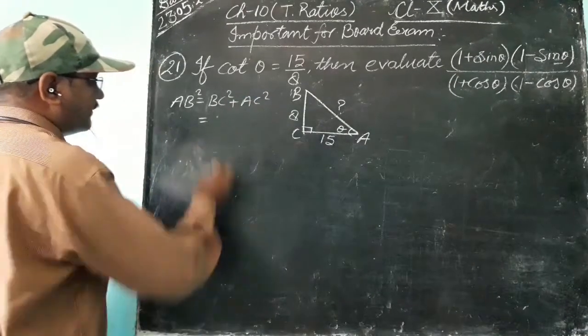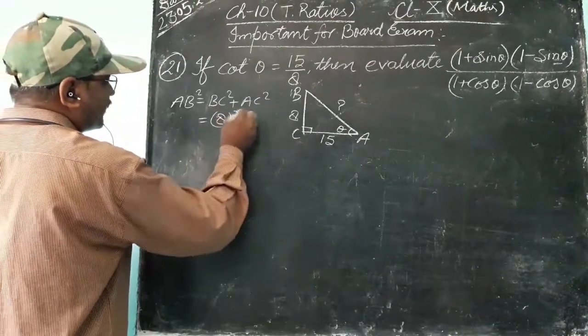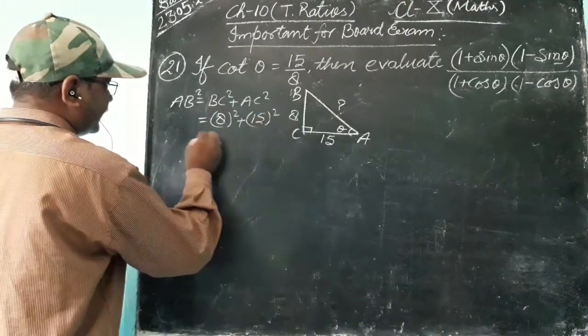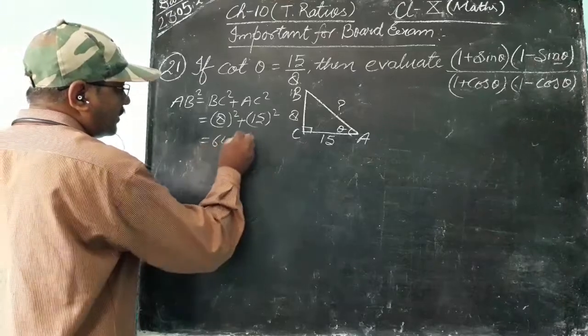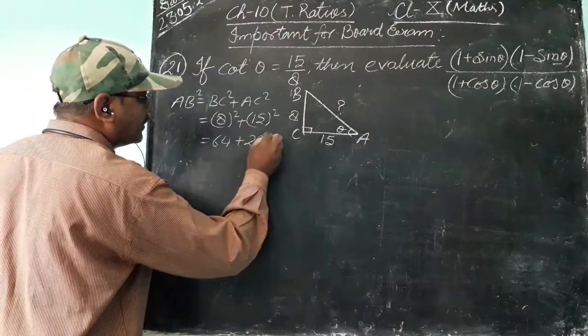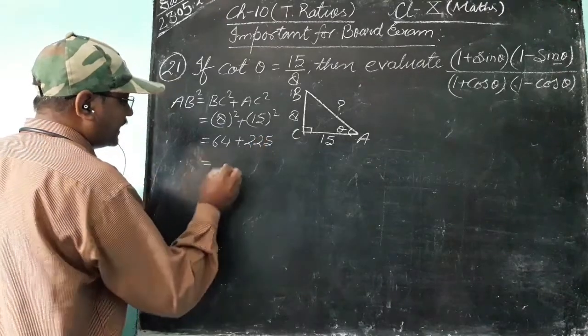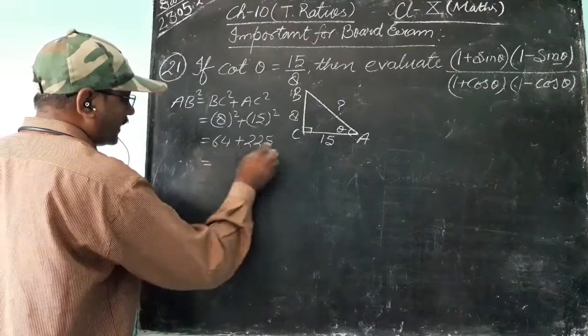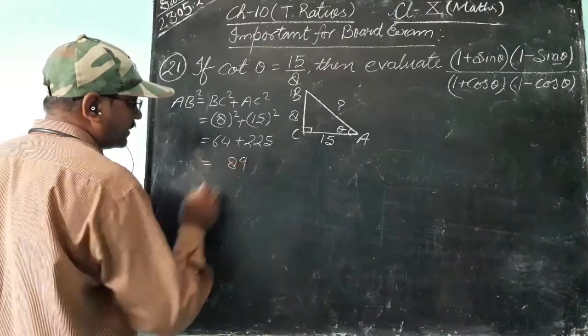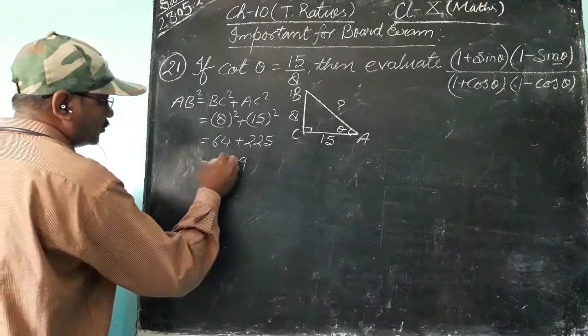So BC value given is 8, 8 square plus 15 square. 8 square is 64 plus 15 square is 225. Now you add both: 4 and 5 are 9, 6 and 2 are 8, and that 2.